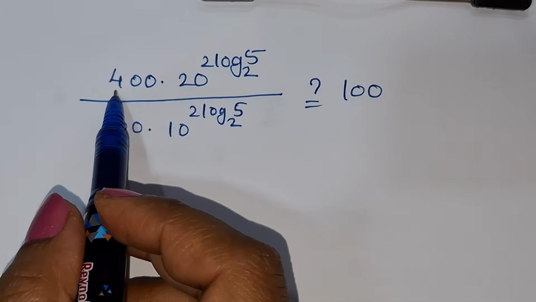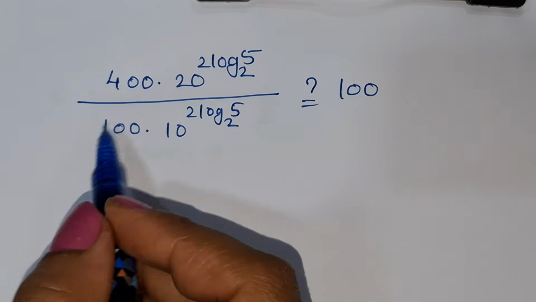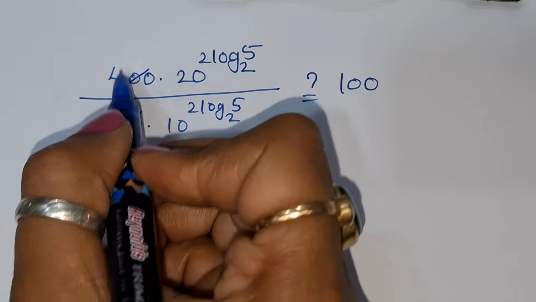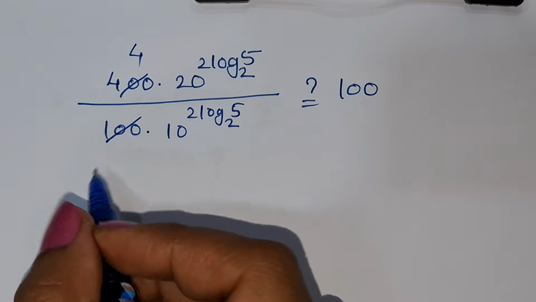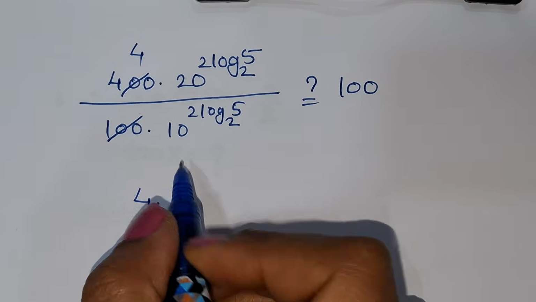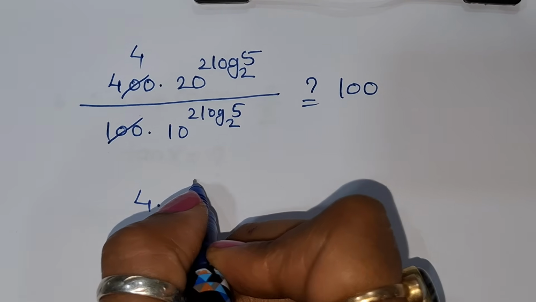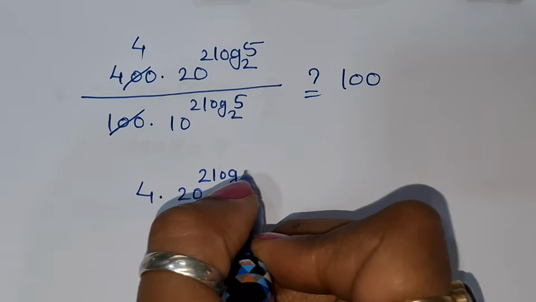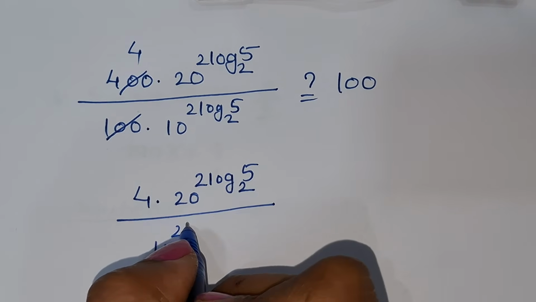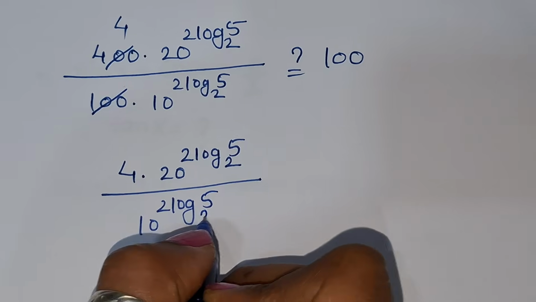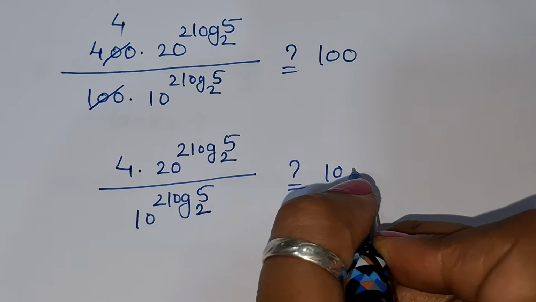So here it will become 400 divided by 100, so it will become 4, 100 4s are 400, right? So we can write in the next step 4 times 20 power 2 log of 5 to the base 2 divided by 10 power 2 log of 5 to the base 2, question mark 100, right?